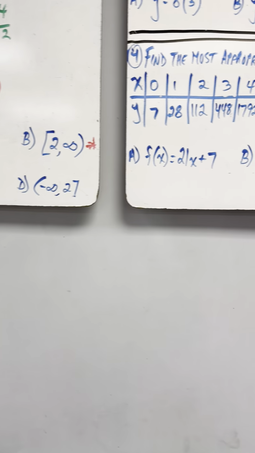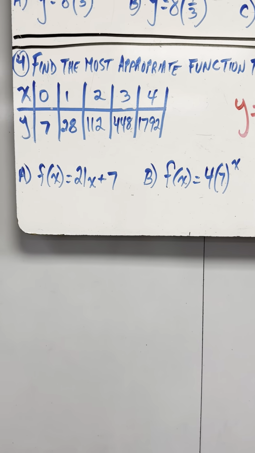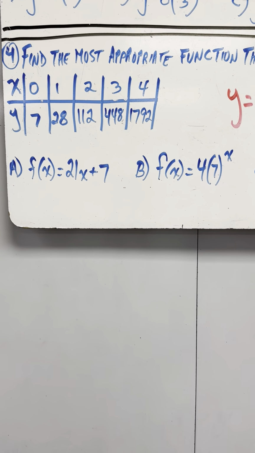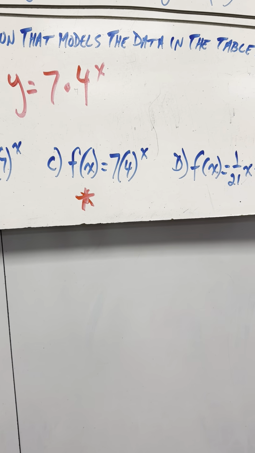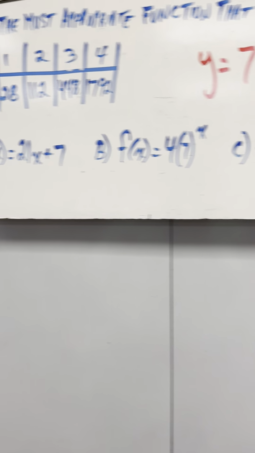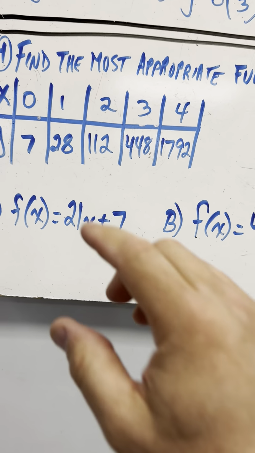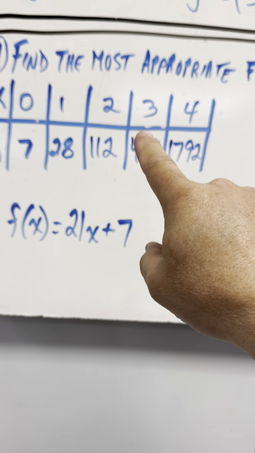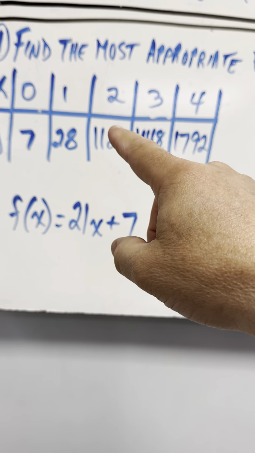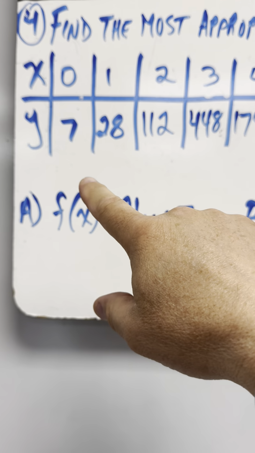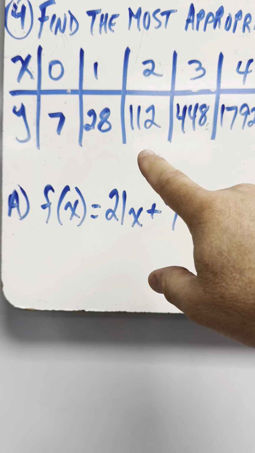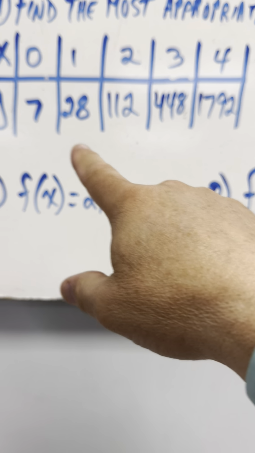Okay, so here I'm going to do 4 before I do 3. Sorry. Find the most appropriate function that models the data in the table. Please note, in this table, it goes 0, 1, 2, 3, 4. Add 1, add 1, add 1, add 1, right? But notice in y, it's not add 7, add 7, add 7. These are multiples.